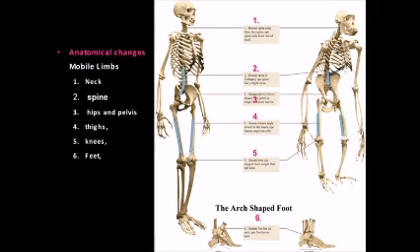Thirdly, the human pelvis is bowl-shaped, while the chimpanzee pelvis is longer and more narrow. Fourthly, the human femur angles inward to the knees, while the ape femur angles out a bit.